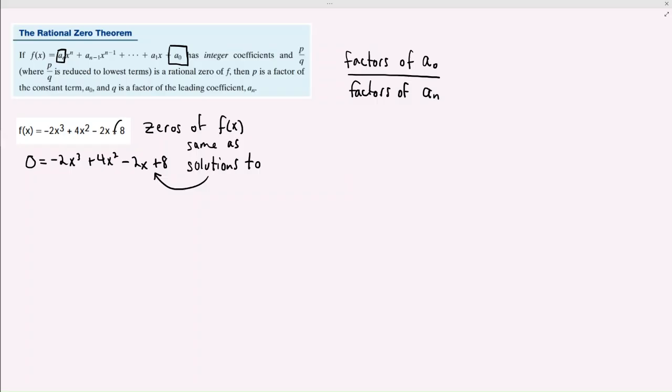So in this case, that's the 8 and the 2. Now we have to consider both cases plus and minus, so we won't worry about signs because we're going to give everyone both a positive and a negative sign. So in this specific case of this example, I've got factors of 8 over factors of 2.